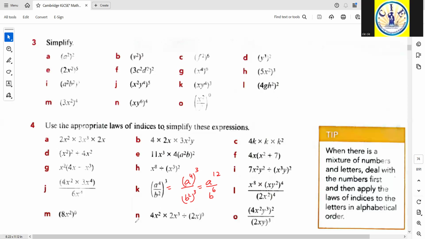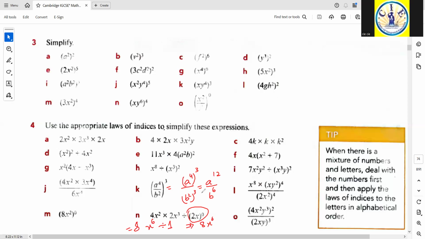So in part N, for example, this will be 4 2s are 8, x raised to power 2 plus 3, that is 6. Then divided by, this will completely become 1, divided by 1. So that will be 8x raised to power 6.